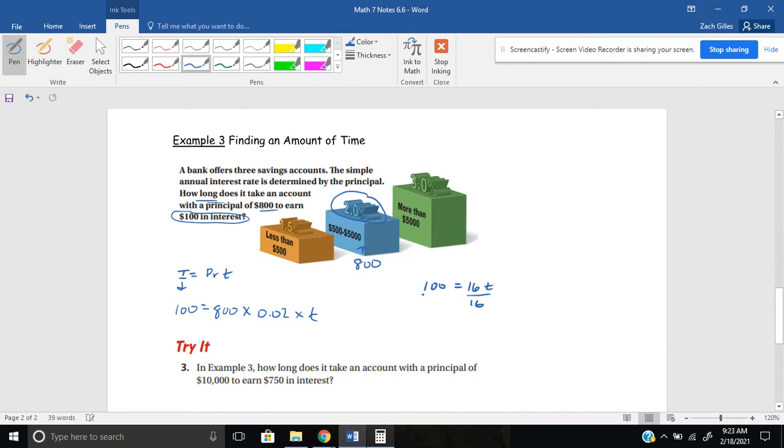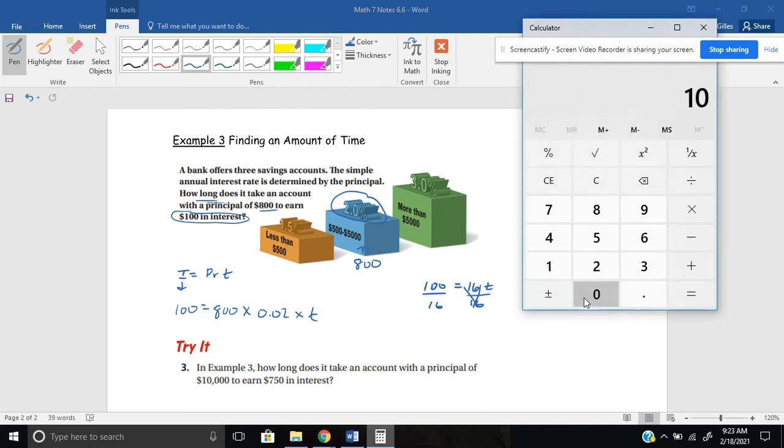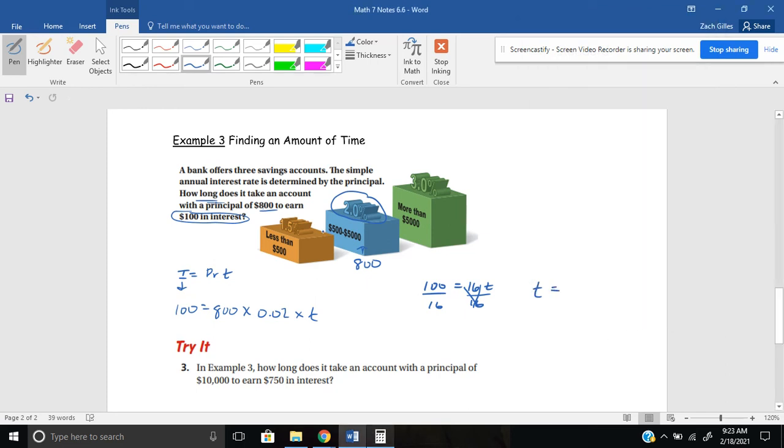And then I just need to divide by 16 on both sides. 100 divided by 16 would give me 6.25. And remember, that's in years when I'm dealing with time. So what that's saying is if I put $800 into a savings account that earned 2% interest, it would take me 6.25 years to make $100 in interest.